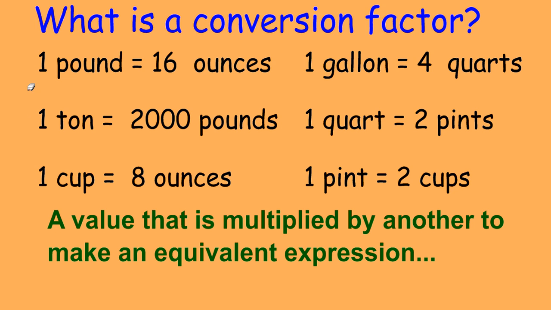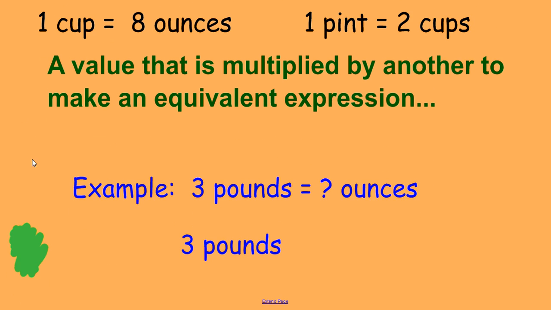Now, you've probably done some work with equivalent expressions before, like when you had to convert a fraction to an equivalent fraction with a different denominator. In this case, if we had to convert 1/2 into fourths, we would have to multiply by 2 over 2, which is a conversion factor. Its value is actually equal to 1, but it helps us to convert to an equivalent fraction.